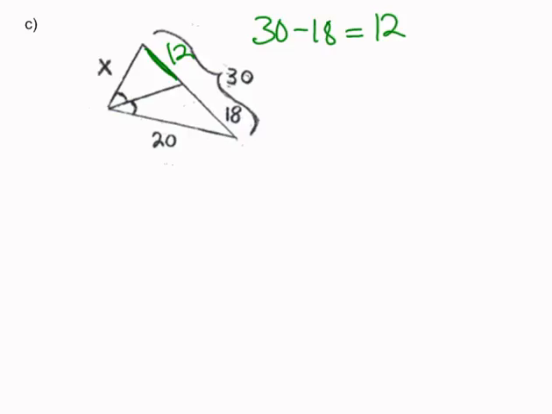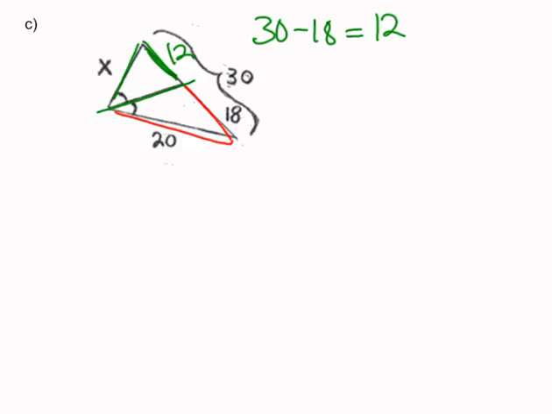So, how are we going to put this together? Because the bisector is this way, I need to use this proportion and this proportion.